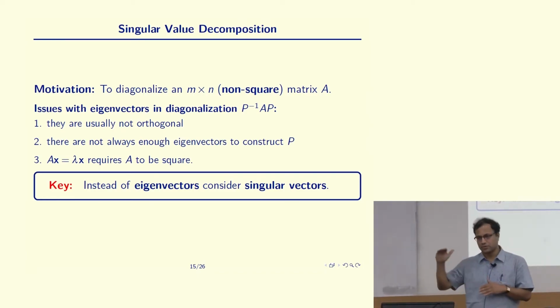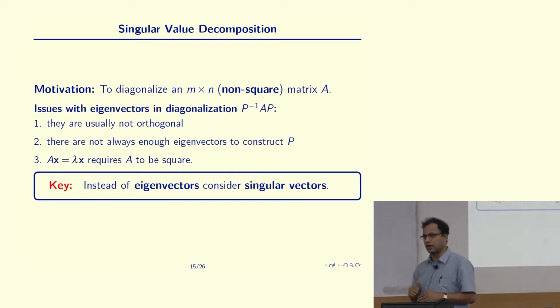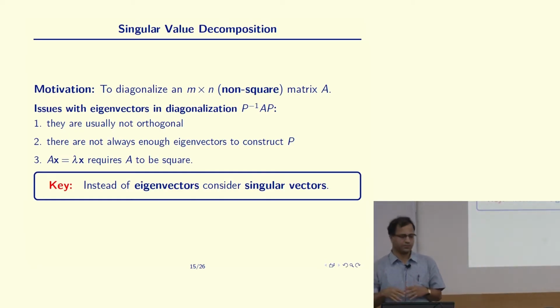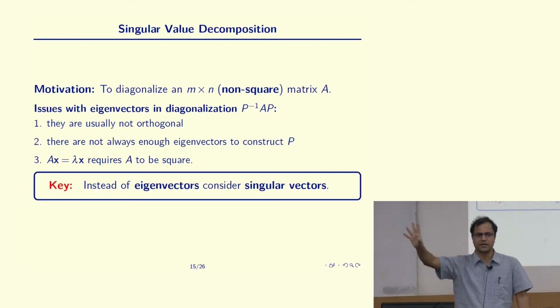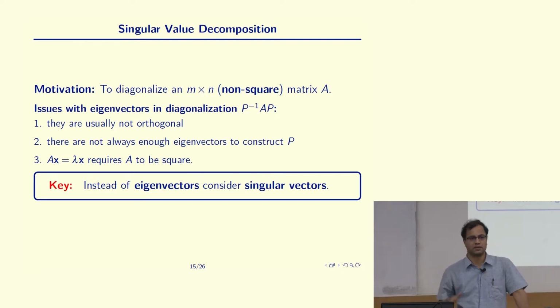So what are the problems we have faced when working with eigenvectors? First of all, the eigenvectors in general for a matrix, even if it is not a symmetric matrix, are not orthogonal. Orthogonality is a nice property we want to use, because we have just seen in the last slide how nicely we can project into the orthogonal directions, so that we can decompose the matrix in a nice shape.